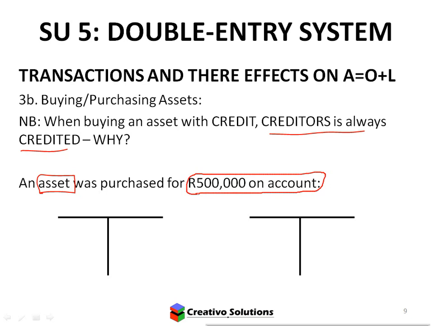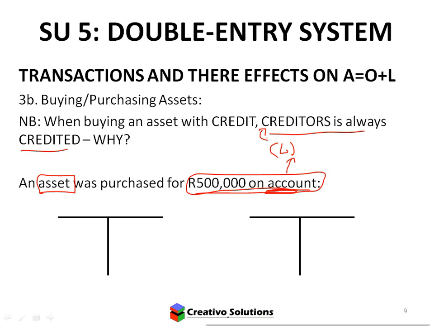Yes, the whole thing. Okay, on account means I'm owing someone something. That's a liability. Do you agree? Okay, creditors is a liability. Do you agree? Okay, if you didn't have that on your list, I asked you to find different accounts, you could have added that to your list. Okay, creditors is a liability.